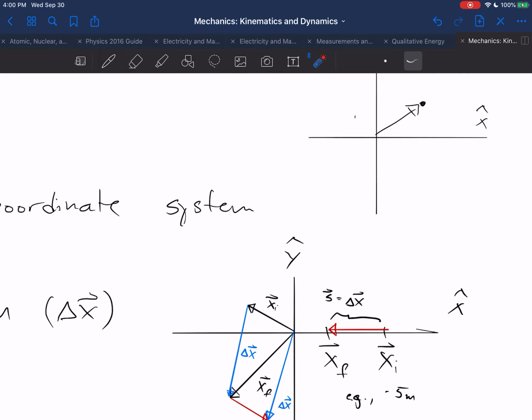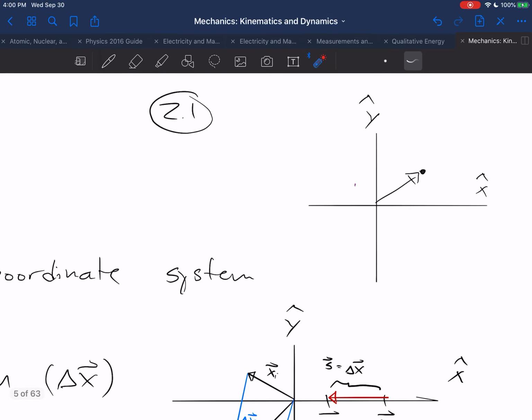So the way to think about it is your position in any sort of space can be put onto a coordinate system. So you're located here, here, here. And in that coordinate system, that location has a direction.